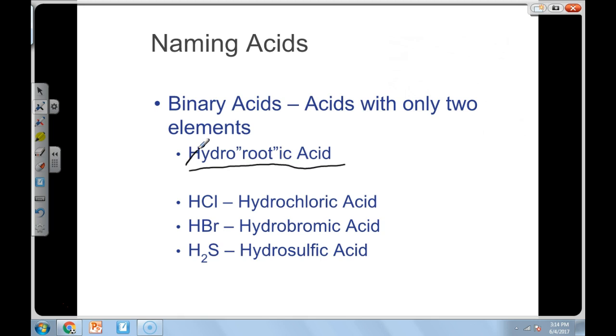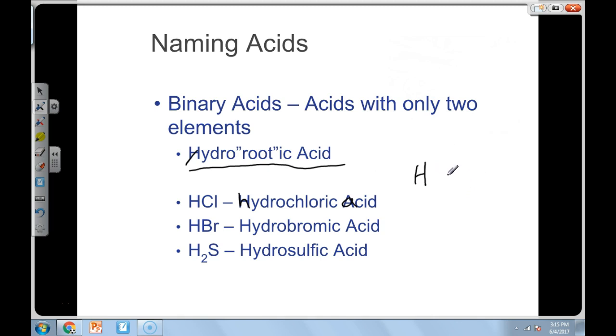Remember, names of compounds and elements are not proper. So this would be hydrochloric acid, hydrobromic acid, and hydrosulfic acid. Binary acids are acids that only have two elements in them.